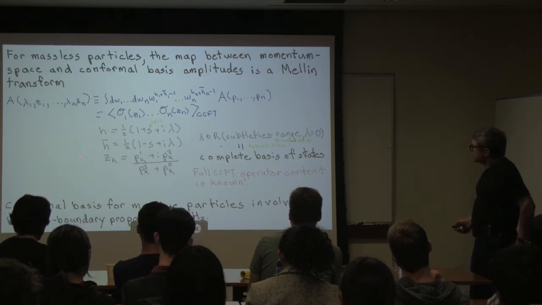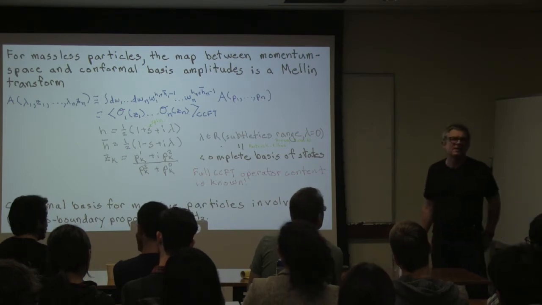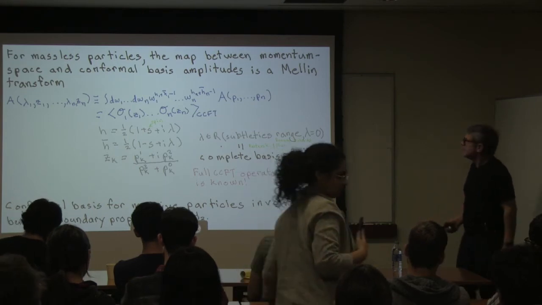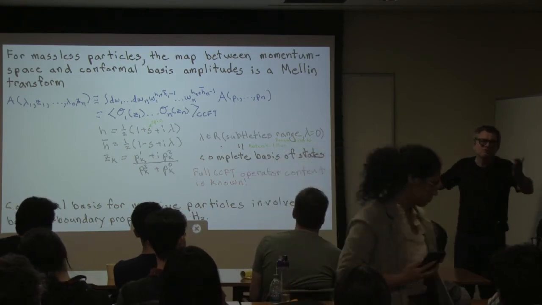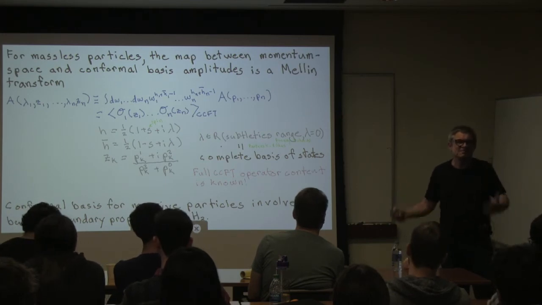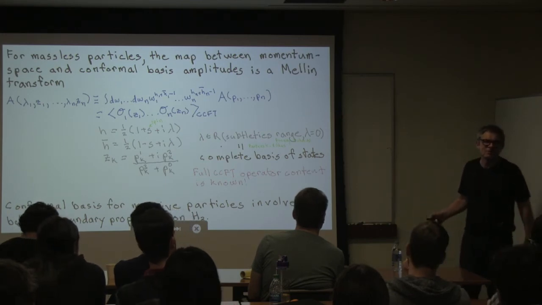The other choices would be related by a conformal transformation to this choice. And the covariance of everything under conformal transformations means that this doesn't create a problem for us.